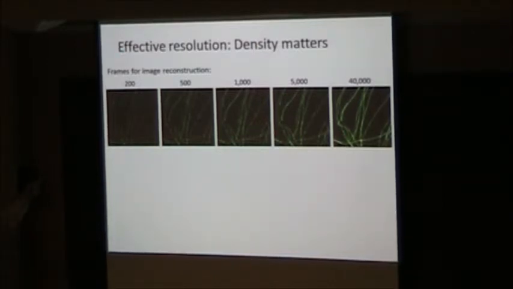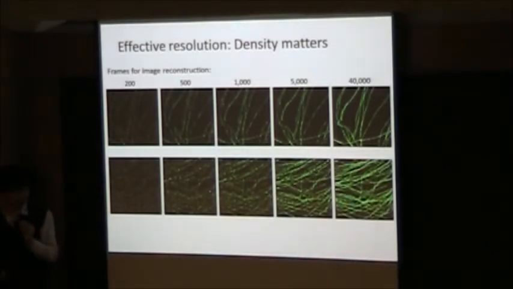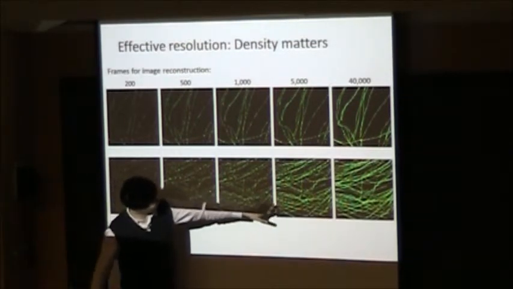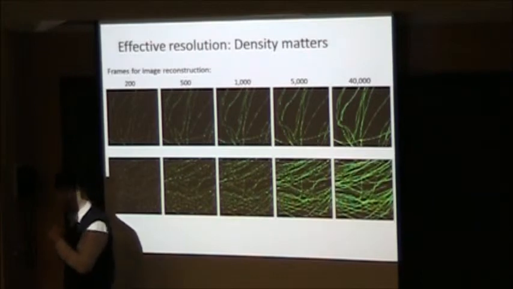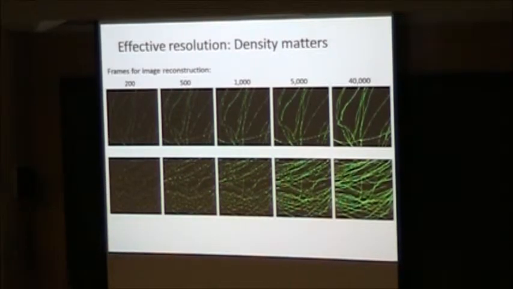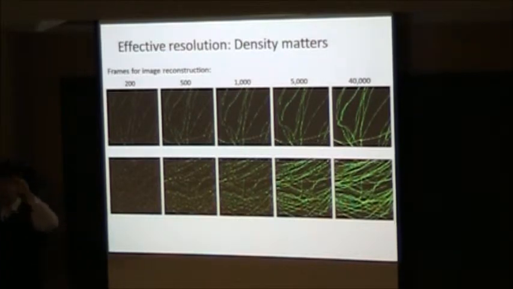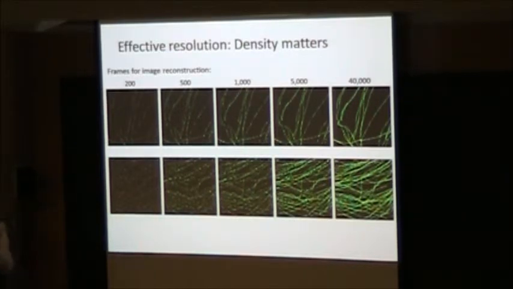This is in the case when microtubules are rather sparse. When the microtubules are dense, say in this case, you would need almost 5,000 frames to be able to reliably say that, okay, I can resolve individual microtubules. So there's a connection between the density of sample points and the effective resolution.